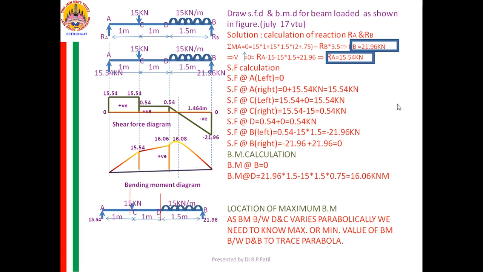It will act at a distance of 0.75, 1.5 by 2. If you simplify it, you will get it as 16.06 kilonewton meter. If you check it on the other side, you should get the same number, that is 15.54 into 2 positive minus 15.